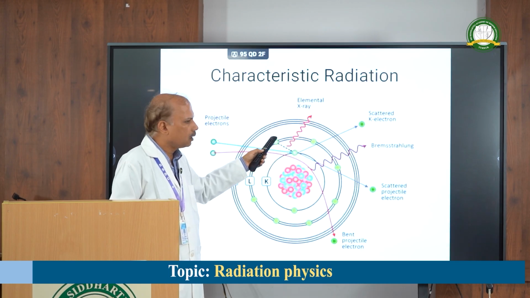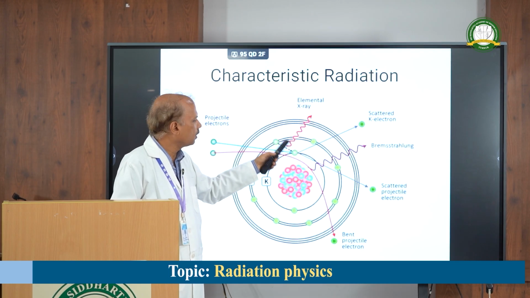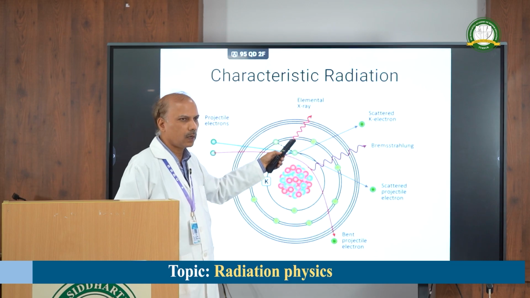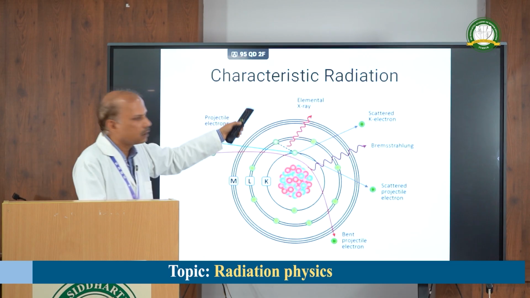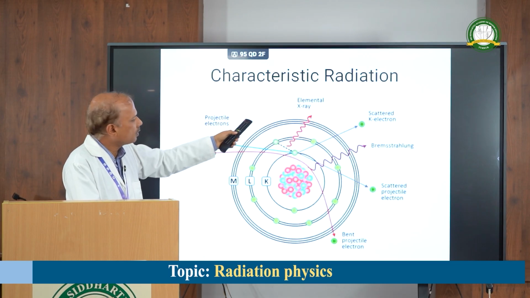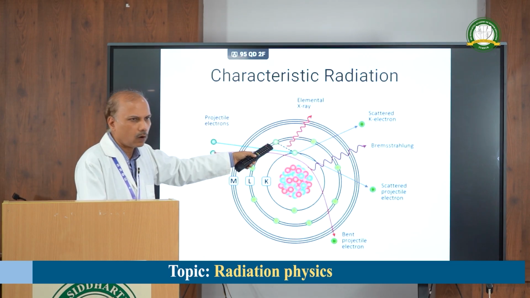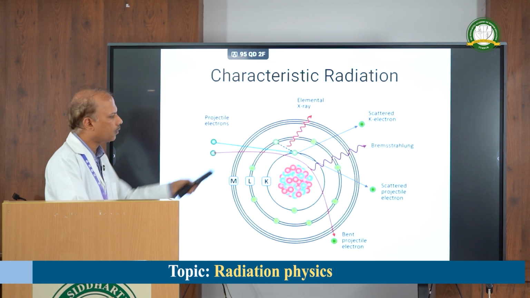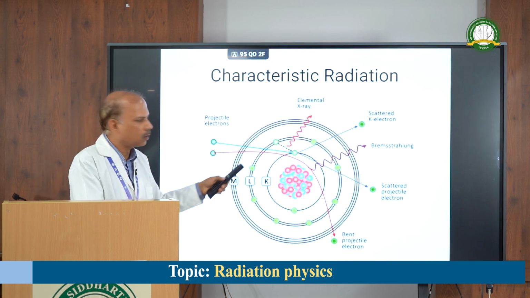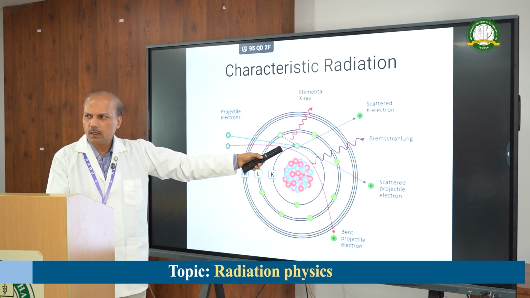From the L shell, the electron jumps to the K shell, where the difference in binding energy will be ejected as the X-ray photon. So outer orbital electrons jump to the inner orbital where the void is there. The characteristic energy, which is equivalent to the binding energy difference, will be released as an X-ray.